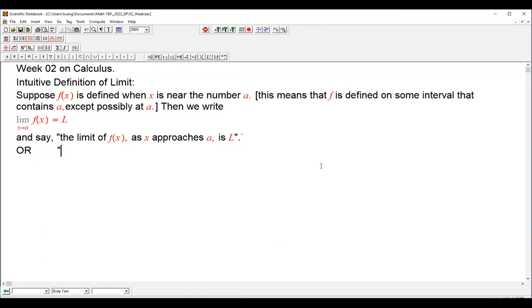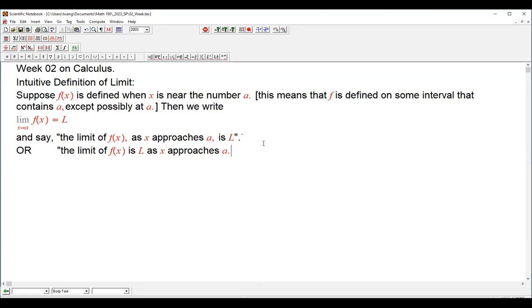We're talking about learning using the language of mathematics, and here it comes: the limit of f of x is L as x approaches a.